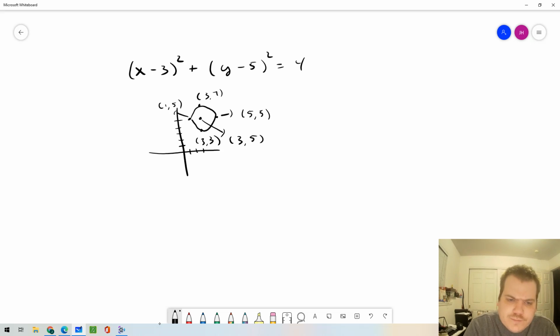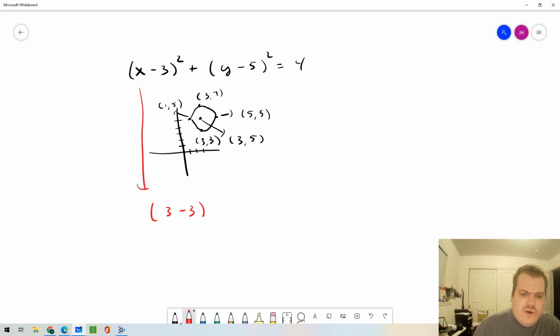Now, let's suppose I want to zero out one of these terms. Well, if I put in 3 for the x, notice that's going to zero out this term right here. So if I were to put in my 3 right here, what you'd get is 3 minus 3 quantity squared, and I'm going to try and figure out what my y is.